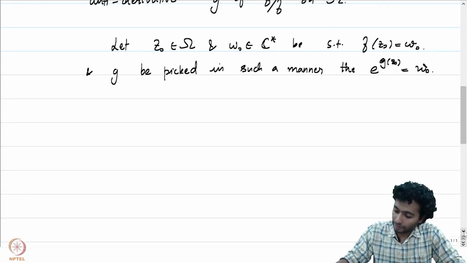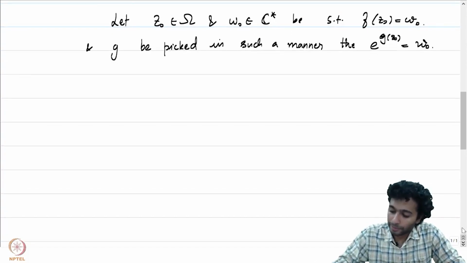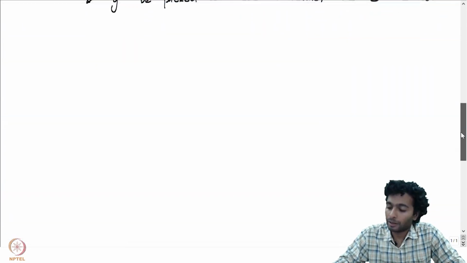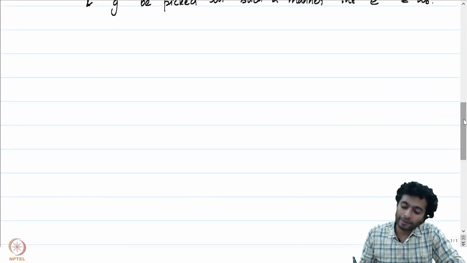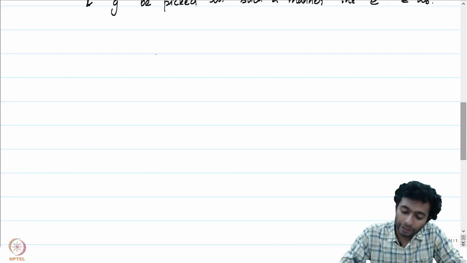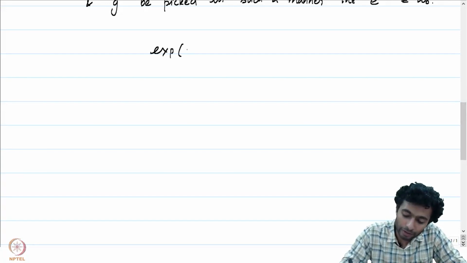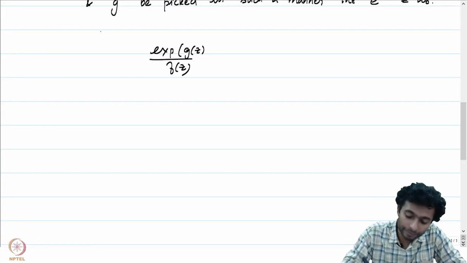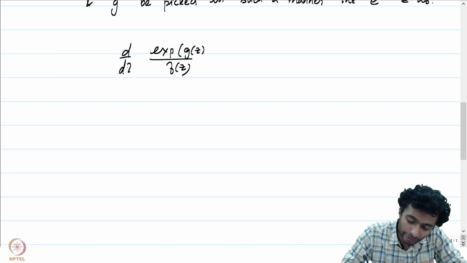So once we have this, let's see what happens to our function g of z. Remember that g of z is the primitive of f prime by f. Now consider the following function: exp of g of z by f of z. Let's look at its derivative, d by dz of this function.